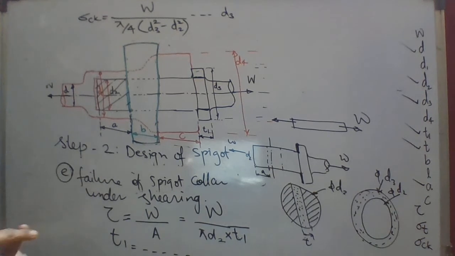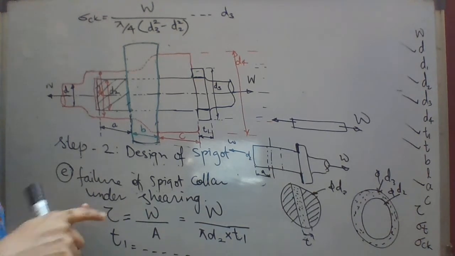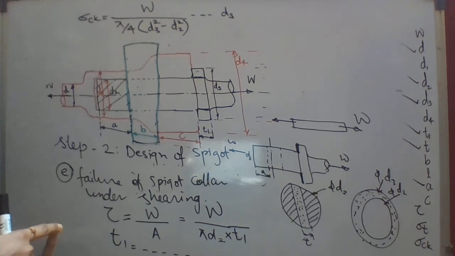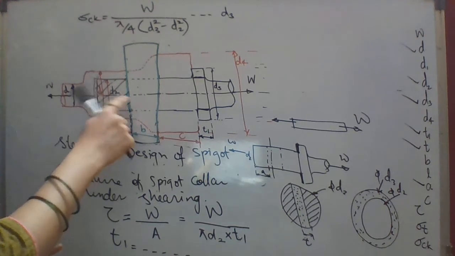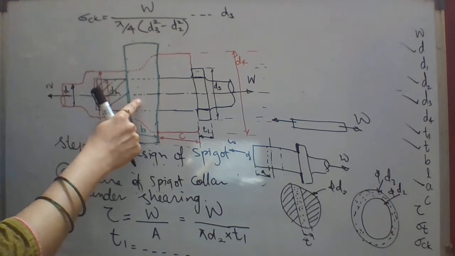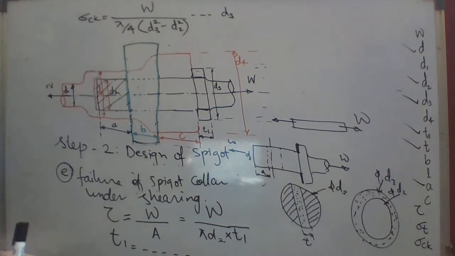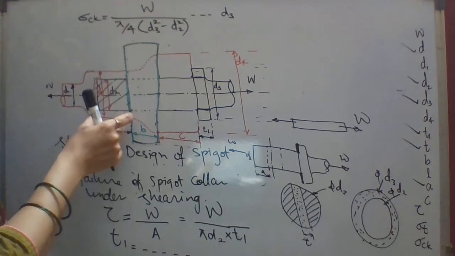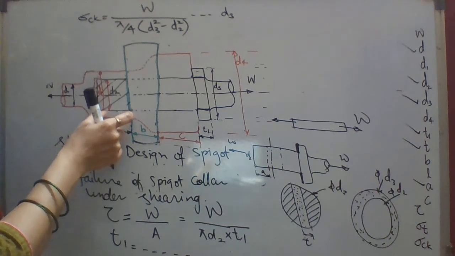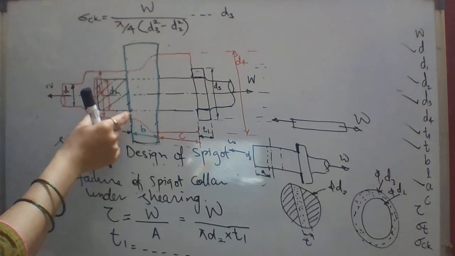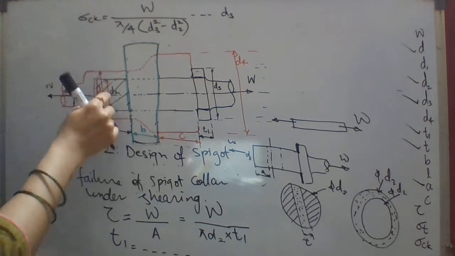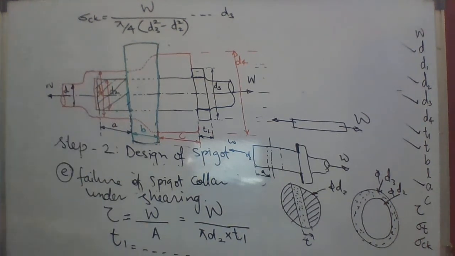So the first failure is failure of the spigot under tension. Second is failure of the spigot under crushing, the area which is crushed between the cotter and the spigot. So we have considered this rectangular area. Next we have considered the shearing of the spigot end which is beyond this slot. That area is also in double shear.